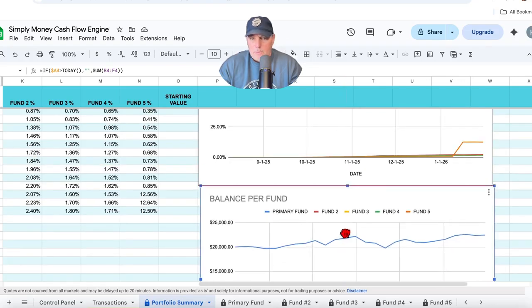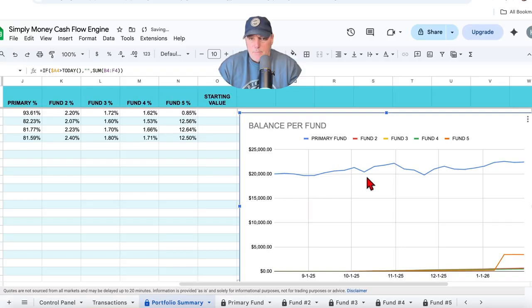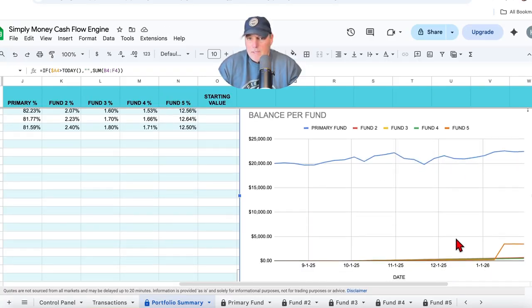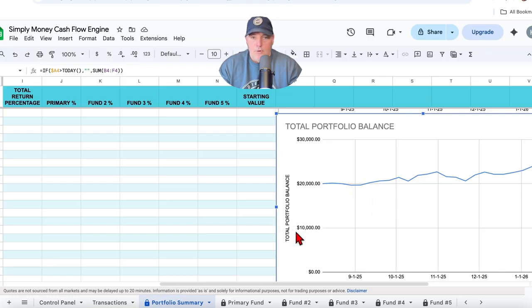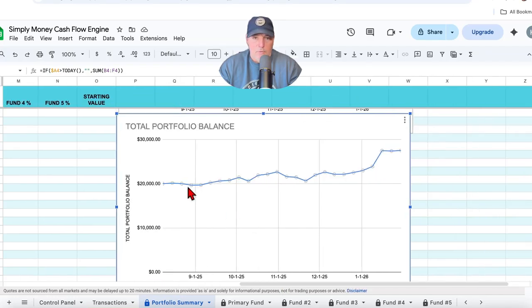We're going to look at that here. You can see the balance of the total portfolio or your primary right here, and then you've got these separate funds, and they'll begin to separate the further out you get or the more you're putting into it. Here we have the total portfolio balance. That's the one I was looking for. So you can track that and see, hey, this method I'm using, it seems to be working.